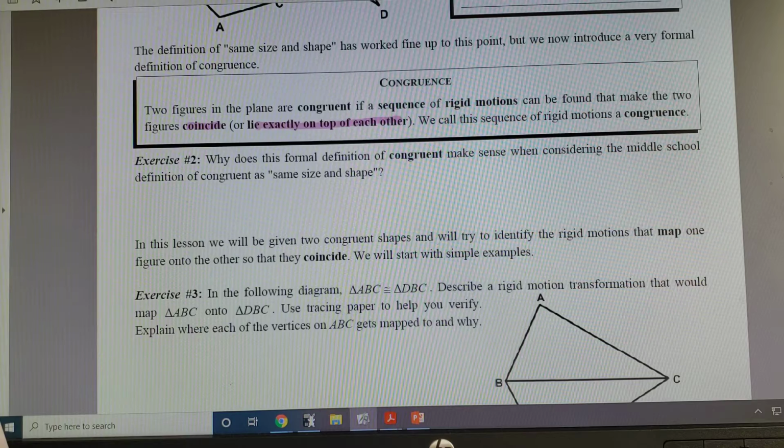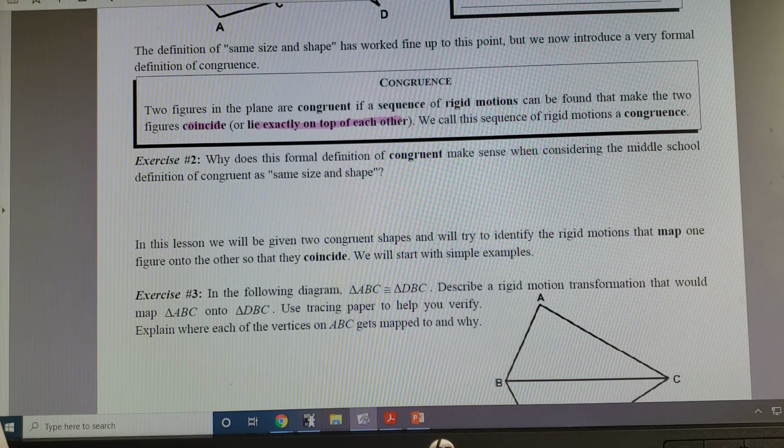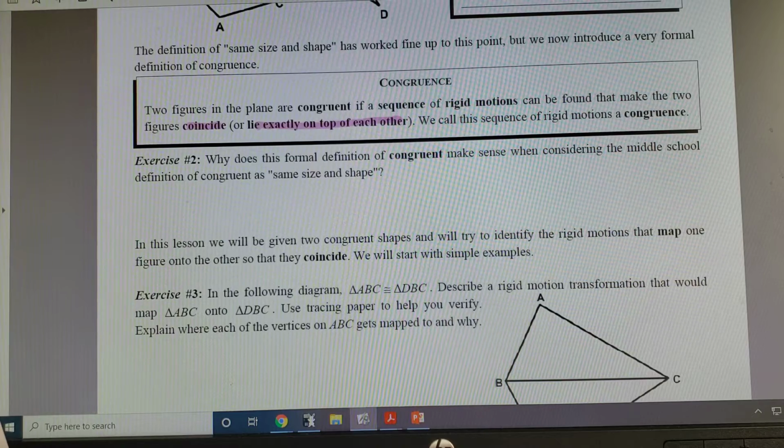So why do they have to mean the same thing? Would something be able to lie on top of itself if it were a different size and shape? No, good. Thanks for shaking your head. Alright, so I'm going to write why it wouldn't work.